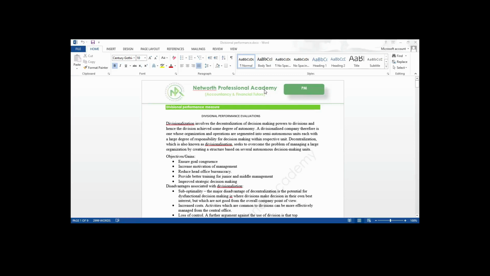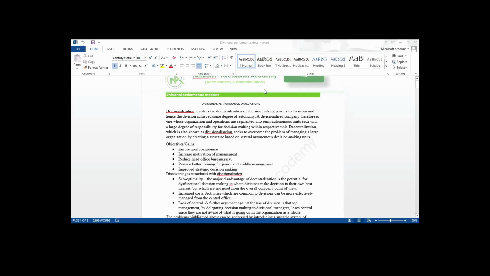The owner has diversified into different businesses, and each business is taken as an independent business unit. Those are the objectives or benefits of divisional structure.